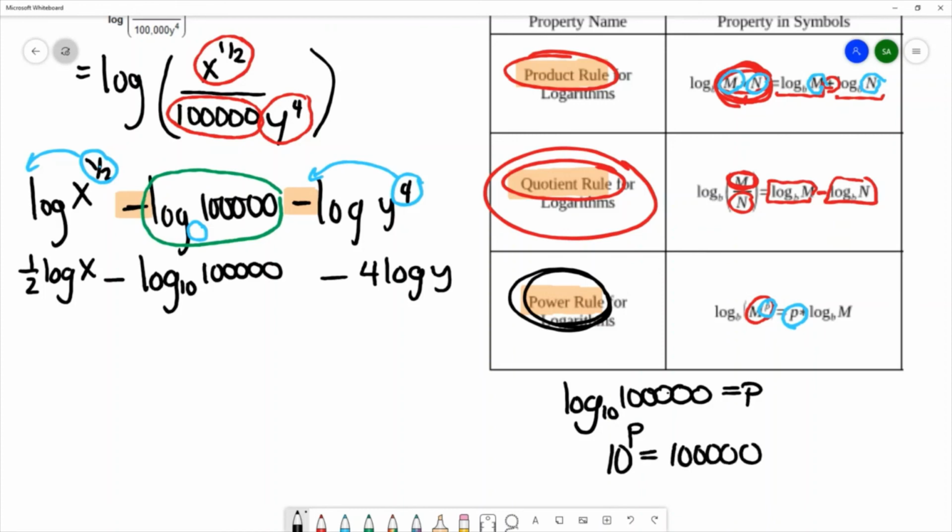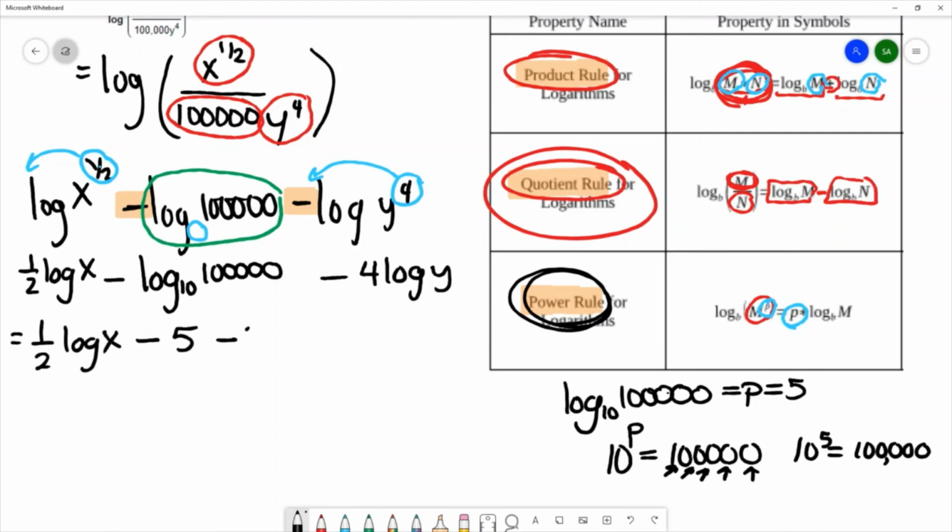And I know by counting these zeros that 10 to the 5th power is 100,000. And so that must mean that our power is 5 and that log is 5. So this is going to equal 1/2 log of x minus 5 minus 4 log of y.